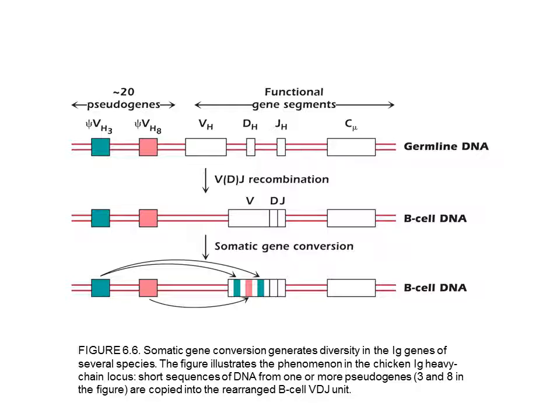There's a short sequence of DNA from one or more pseudogenes, and they are copied to that. So if you pay attention to about 20 pseudogenes, and then there is a functional gene segment, again pretty much the same as we have already been used to. There is a VDJ segment, and there's a constant segment, and then it is linked with those pseudogenes, and this is called germline DNA.